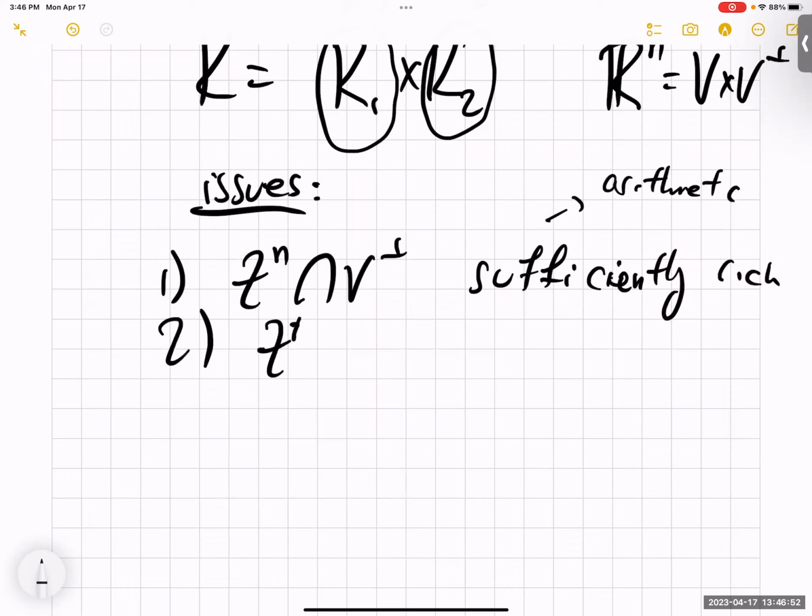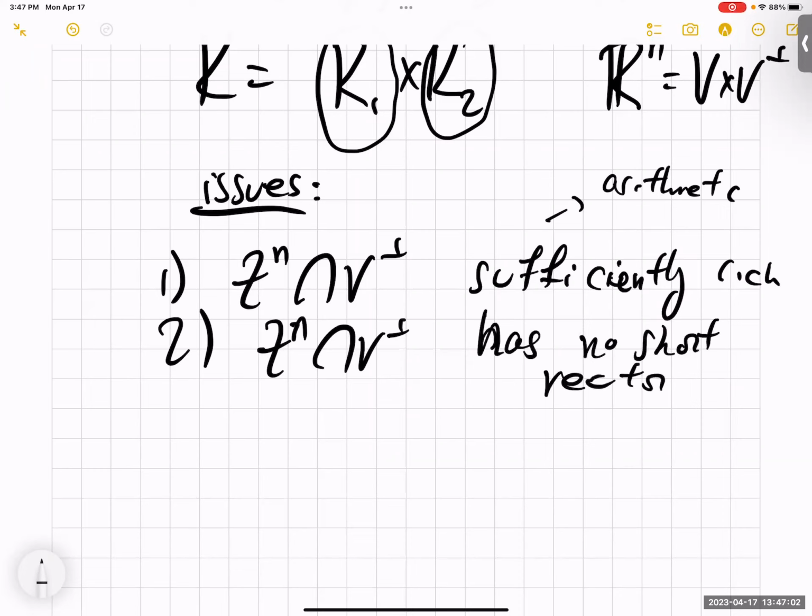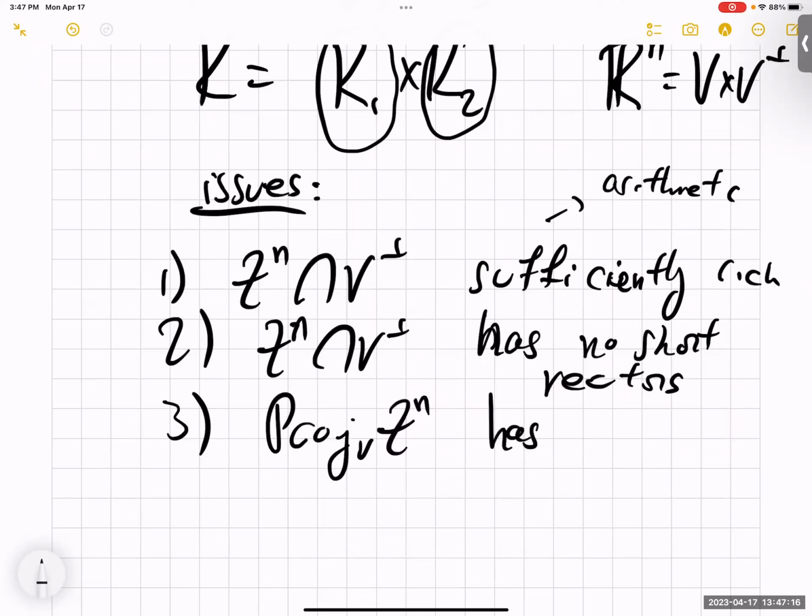It must have no short vectors. Again, something arithmetic is that this orthogonal projection onto V of Z^n has to be a lattice at least, so that we can do the induction.